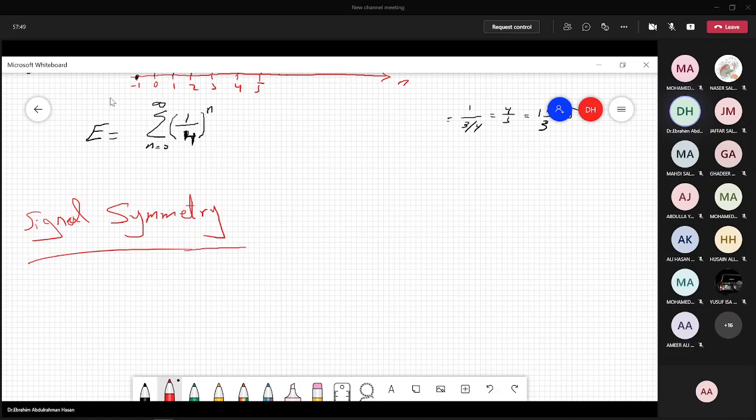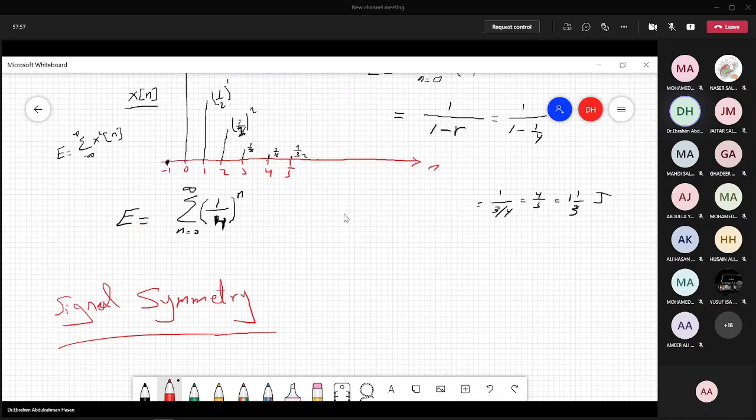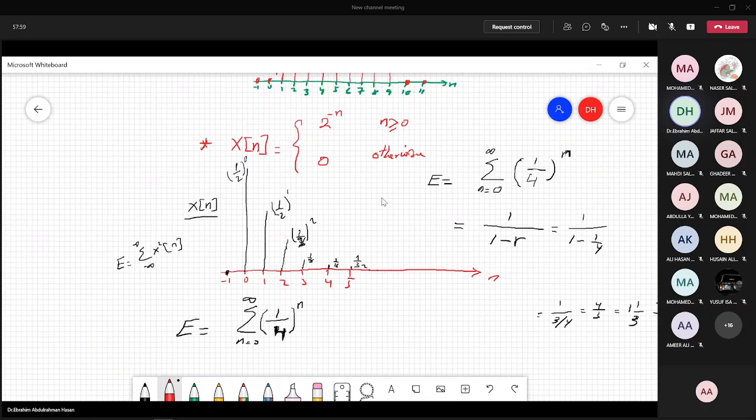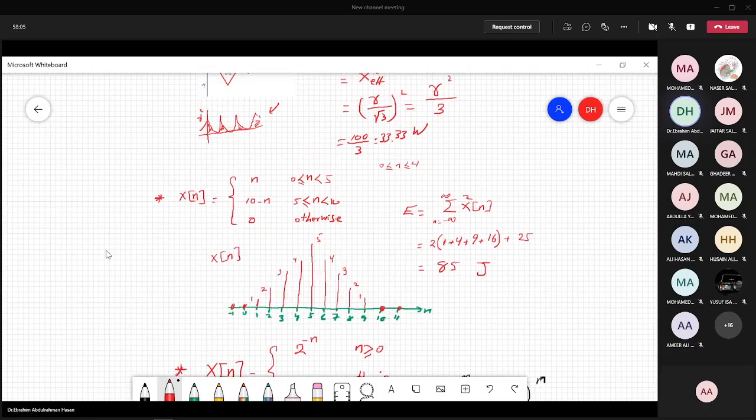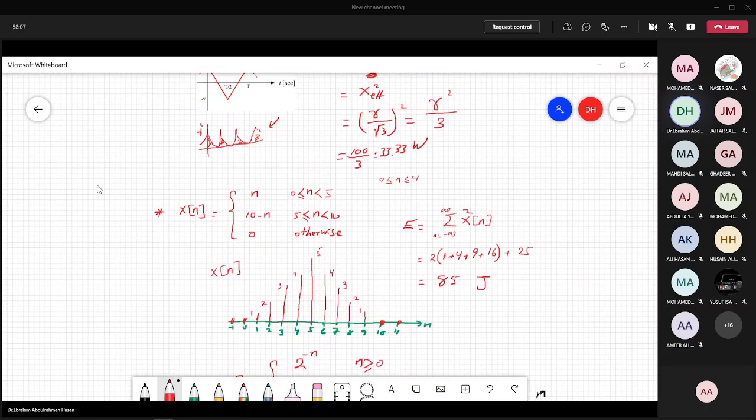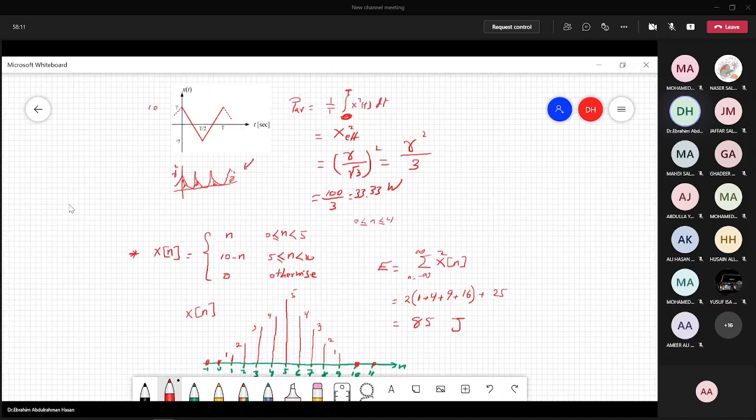If we have symmetry, then it is going to reduce calculation maybe 50%, sometimes more than 50%, 60%, especially when we talk about Fourier series later.